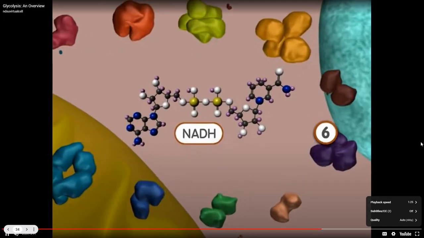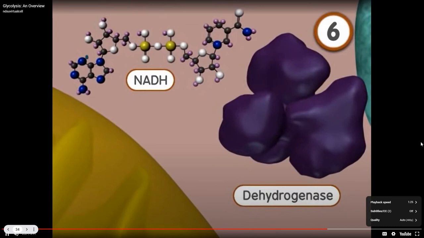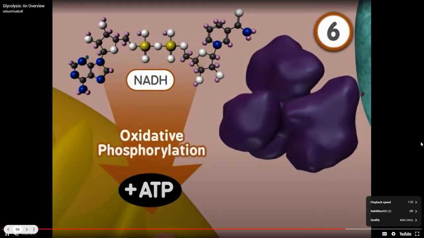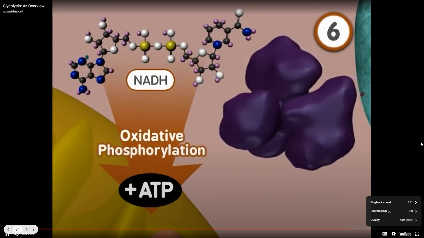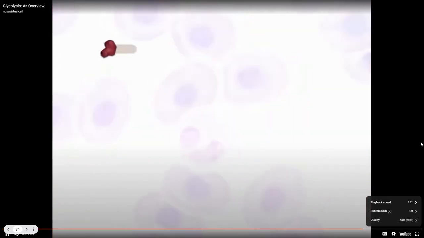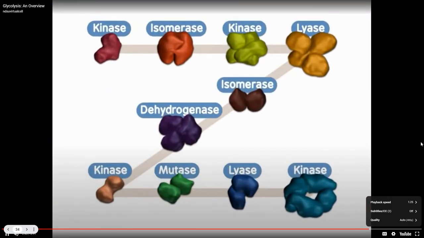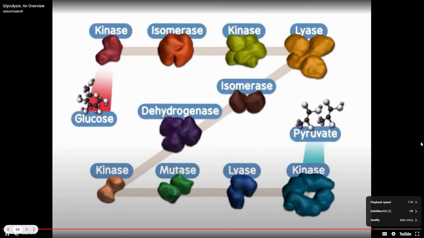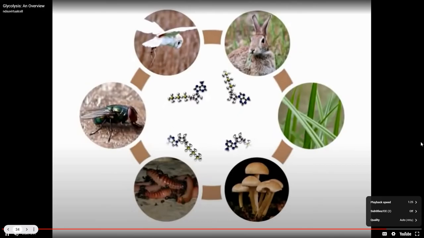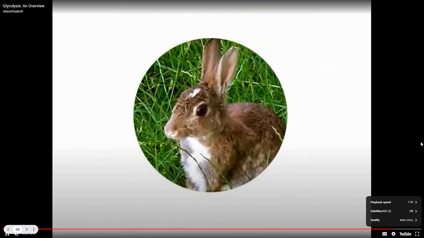NADH is formed in a 6th reaction by an enzyme called a dehydrogenase. NADH is an electron carrier with potential to produce more ATPs through a process called oxidative phosphorylation. Details of that process are shown in a separate animation. As you can see, glycolysis is a process involving multiple enzymatic reactions that break down sugars. Its major contribution to biological organisms is the production of ATP, which is used to drive many other biochemical pathways.